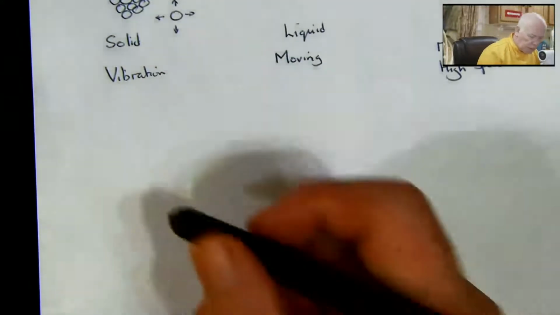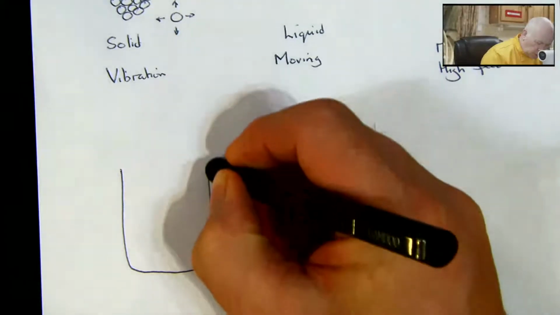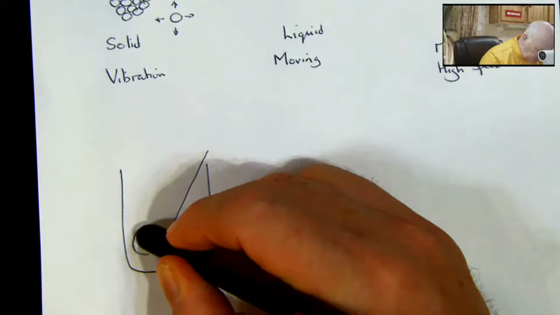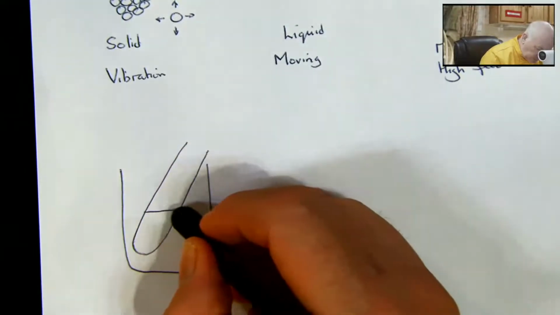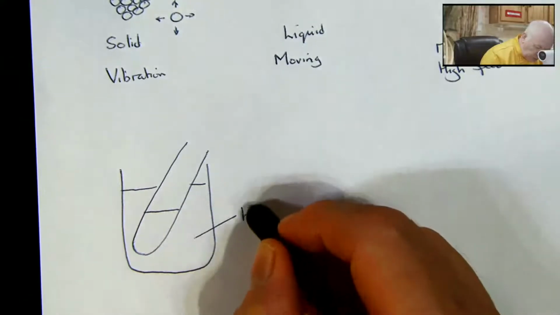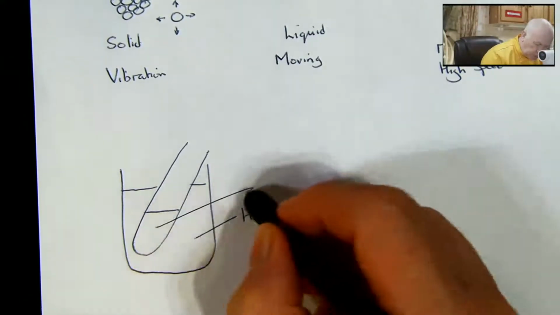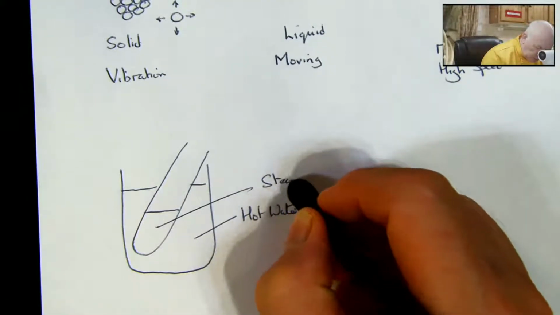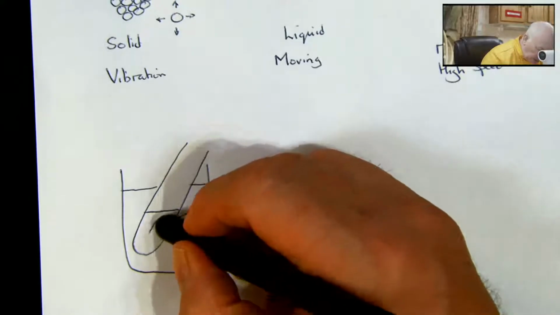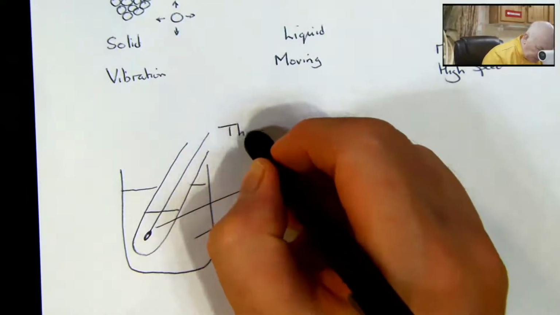Stearic acid I've got in at the moment a water bath, so I've got some hot water, we've got some stearic acid, and in here I can put a thermometer.